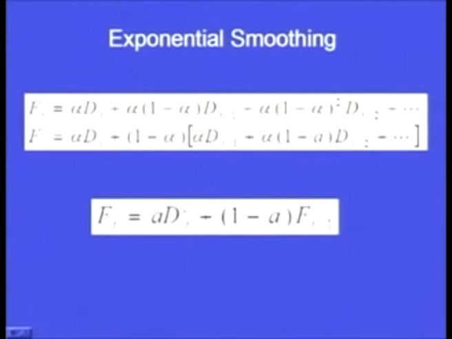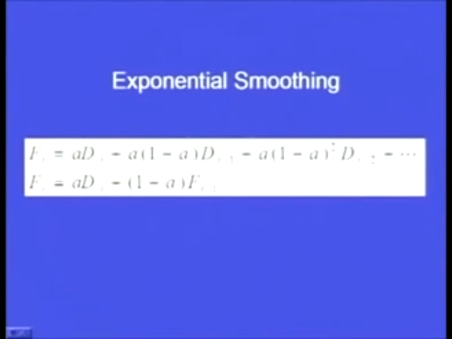What is required is the actual demand data, the previous forecast, and the value of alpha, which can be assumed by the forecaster or the person in charge of calculating the forecast for Ft. So, only 2-3 data points are required to generate a forecast using the exponential smoothing method: Ft minus 1, the previous demand, and alpha.